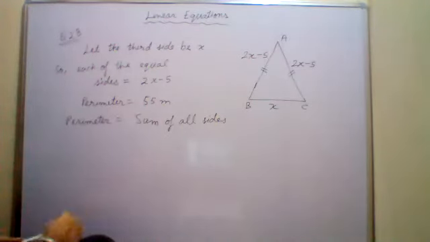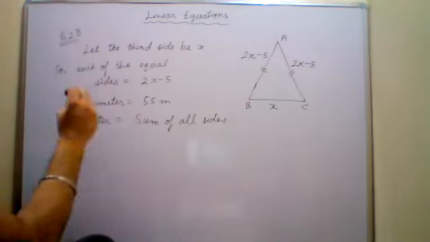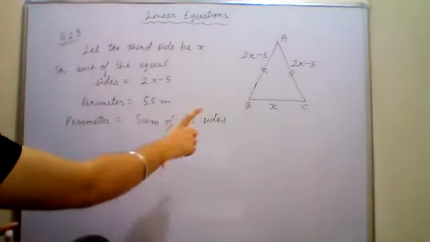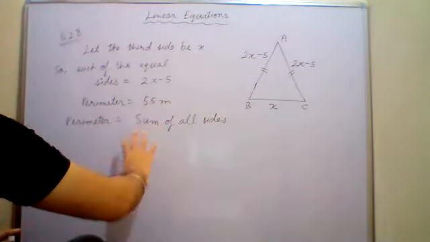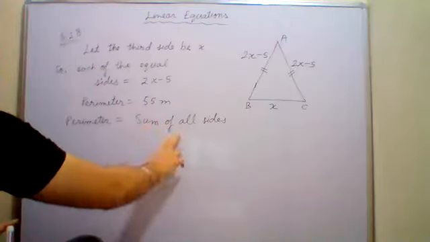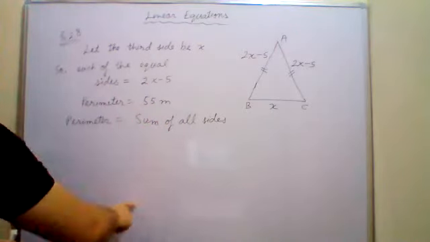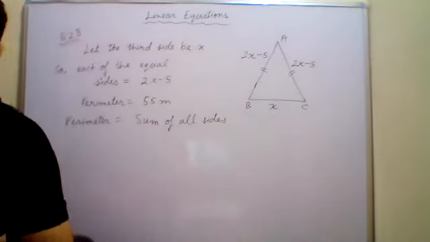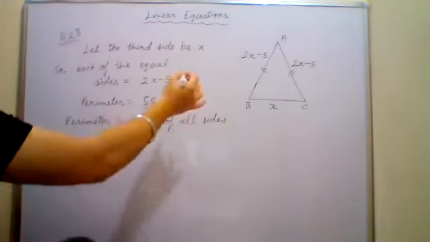Whether it is a square, or a rectangle, or any type of quadrilateral, or pentagon, hexagon, or any other polygon, the perimeter formula always remains the same: sum of all sides. You add all the sides of the figure, you will get the perimeter. Simple formula.